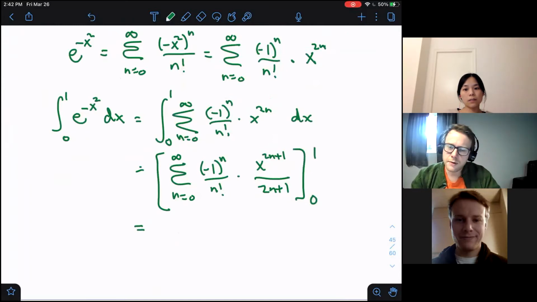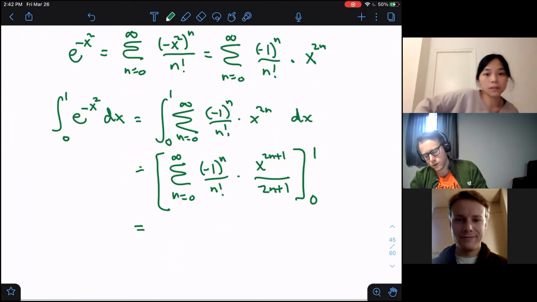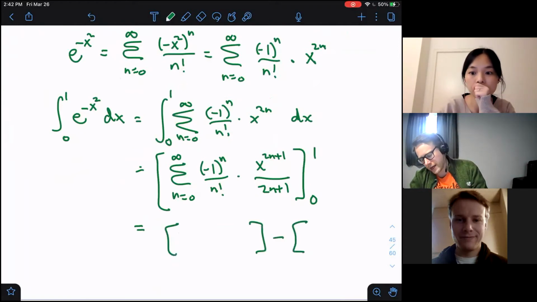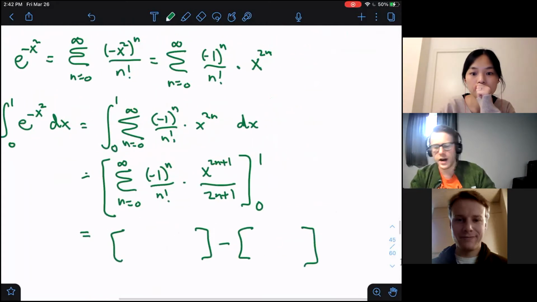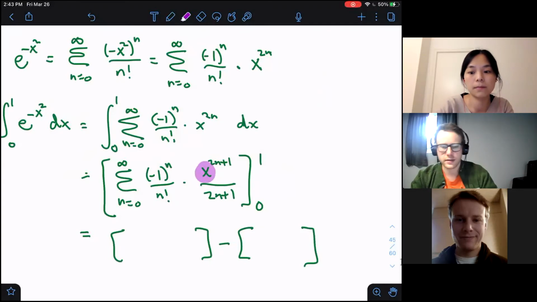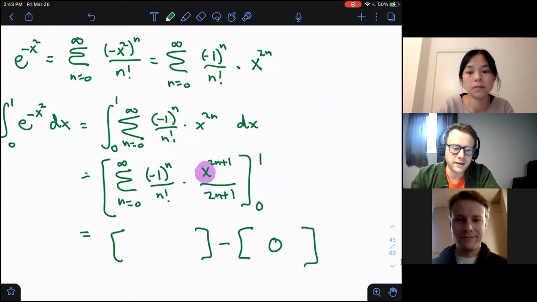Can someone tell me, if I was to plug in 0 for this thing, what do I get out when I plug in 0 everywhere I see an x? Here's all my x's here. Yeah, we're going to have a lot of zeros raised to different powers and divided by interesting things, but 0 times anything is 0.